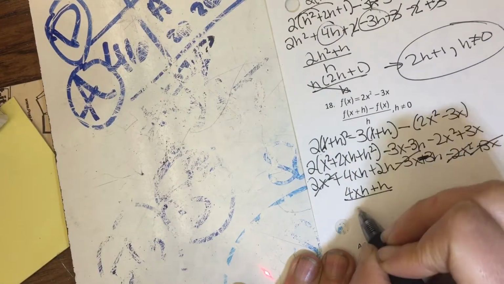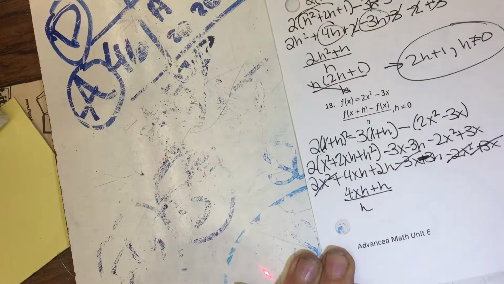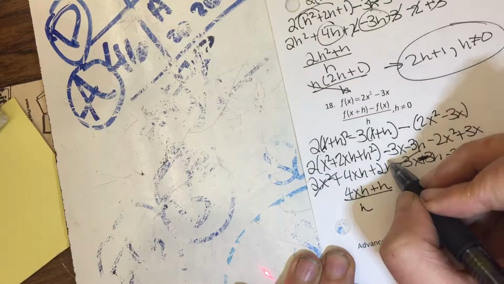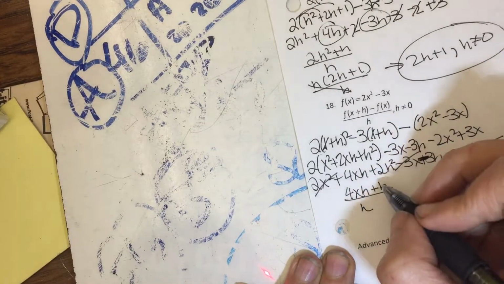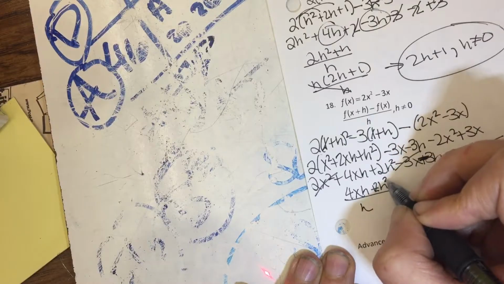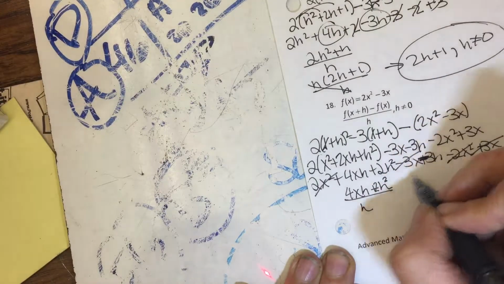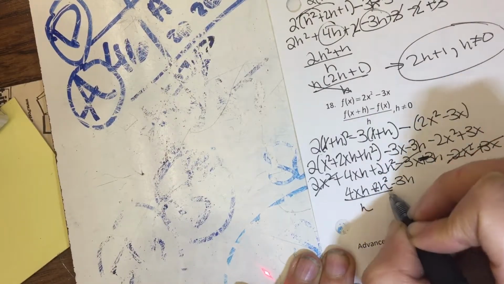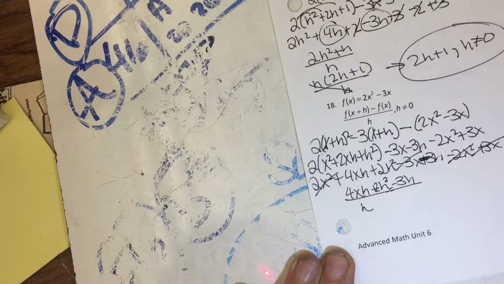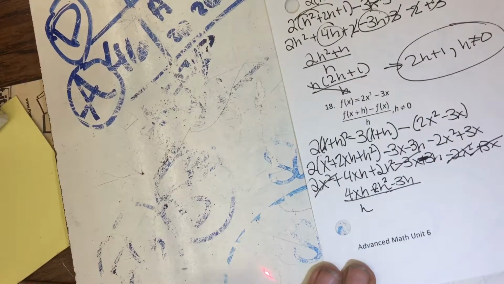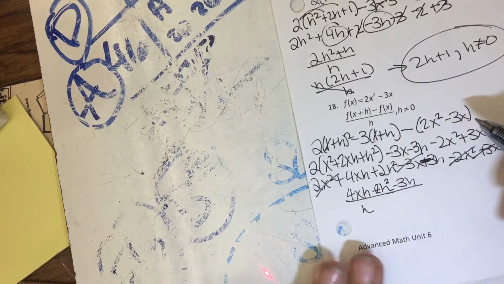But again, I need to, oh, that was h squared, huh? My bad, so that's a 2h squared, and then a minus 3h. Okay, so did I make that? Nope, that was a number before. Okay, so now I can't combine like terms.